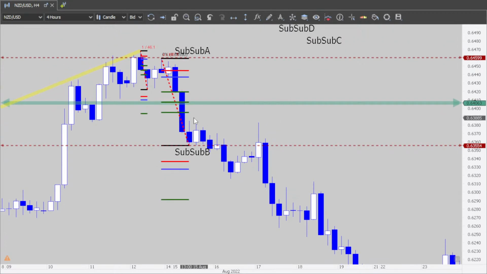Is the first circle the sub C, or is the second circle the sub C? The sub C is the highest point inside the sub A and sub B boundary after the sub B, before the market hits the appropriate D extension.